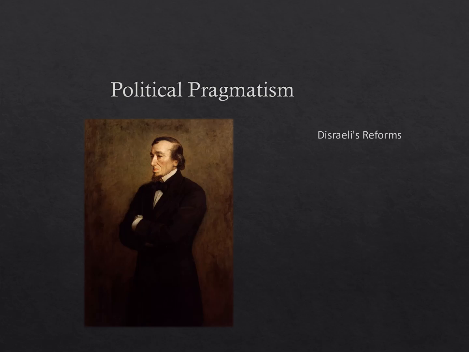And Disraeli recognized that workers were soon going to get the right to vote, that it was only a matter of time, Parliament was going to have to act, and that eventually you couldn't prevent lower class workers from voting. And so, whereas it had traditionally been the Liberal Party that had argued for greater expansion of the franchise, Disraeli, in an astute political move, beat them to the punch.